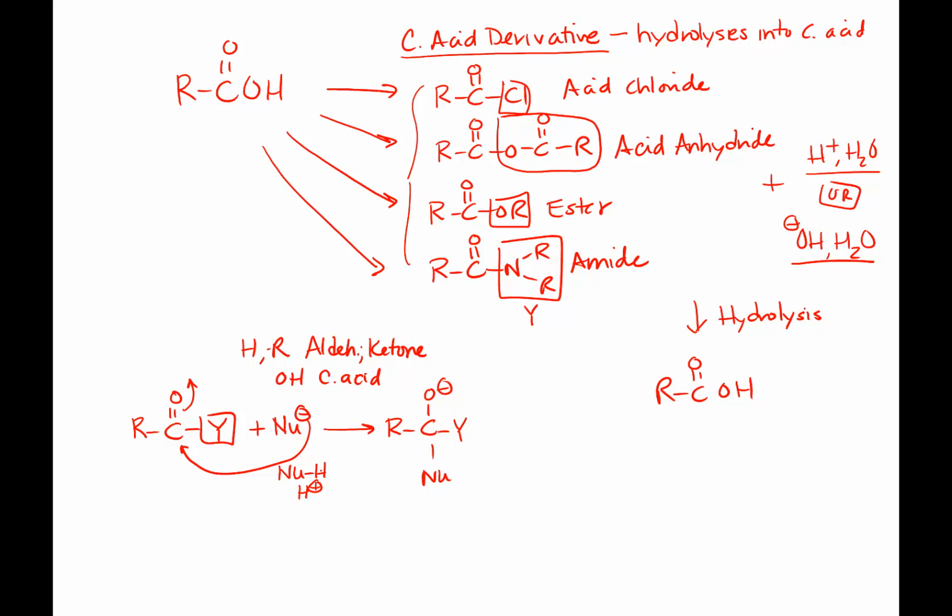But what we would do is add the nucleophile to the carbonyl to form that molecule. Now what would then happen is the O- can bring its pair of electrons back down and kick off the Y group. If this is a leaving group, then Y will leave and will reform the carbonyl, and the nucleophile will have added to the carbonyl group.